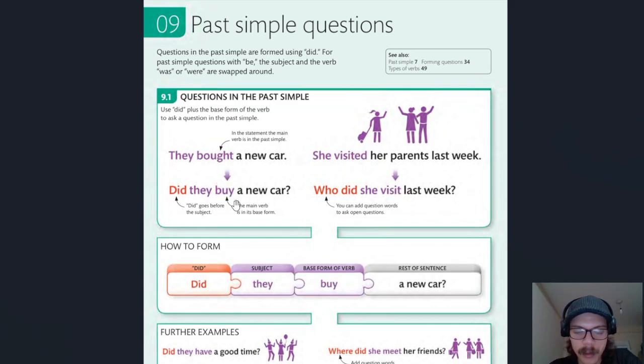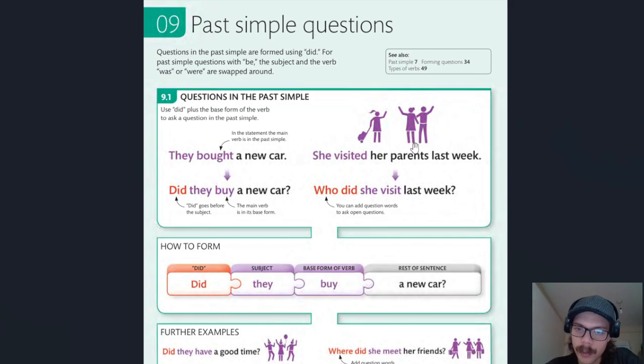And again, this is the same as the negative. So instead of saying, did they bought a new car? You have to say, did they buy a new car? Because you're using the base. Okay? Those are the two main things you pay attention. Nothing changes order, really. That's the only two rules that you have to remember for this part.